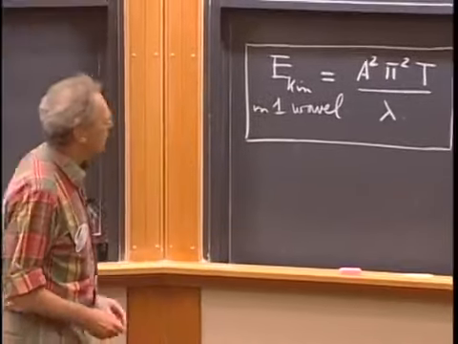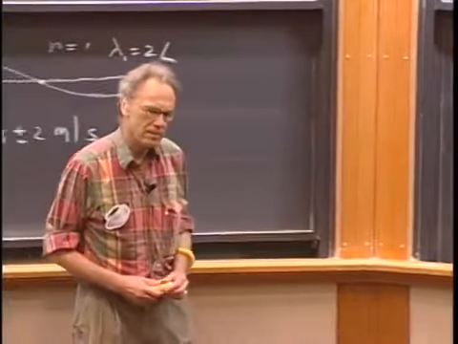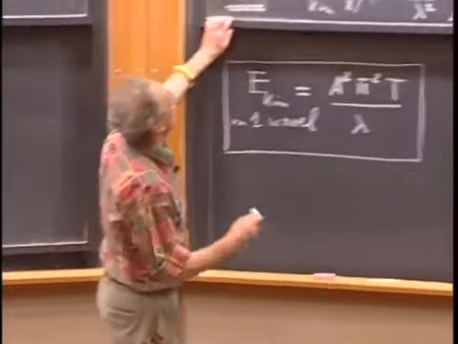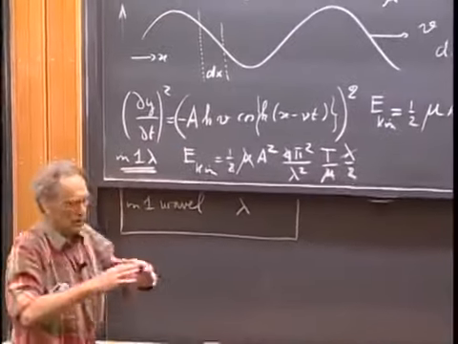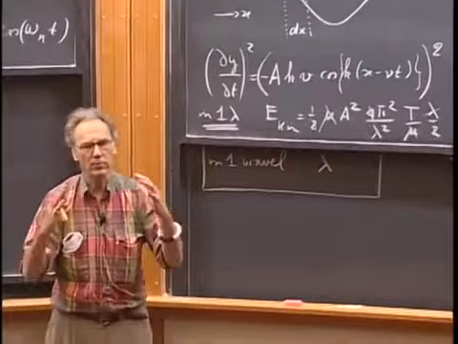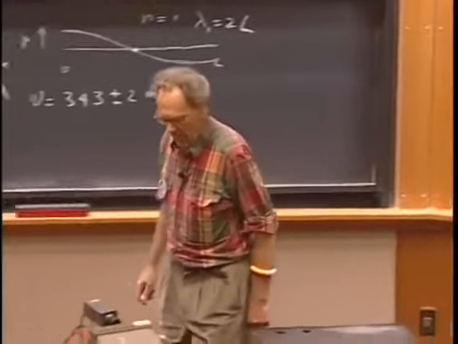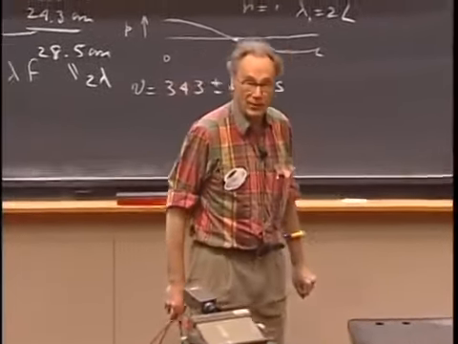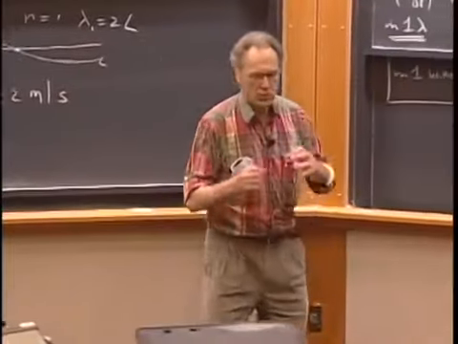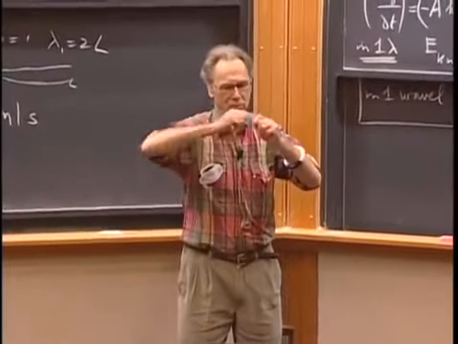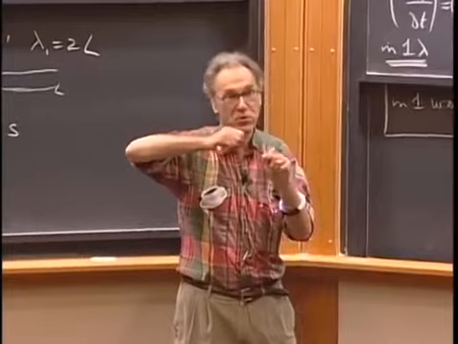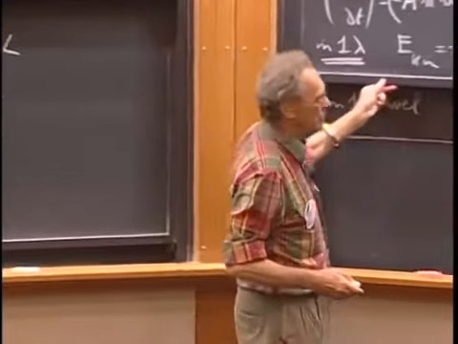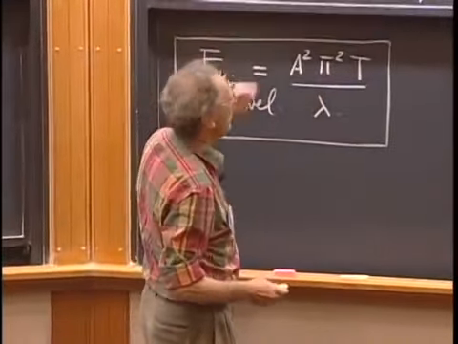Now clearly, there is also potential energy, because it takes energy to make that straight line into a curve. That means work that you have to do. You have to stretch it. There's a tension and you have to stretch that. And so you have to do work to just get the shape.